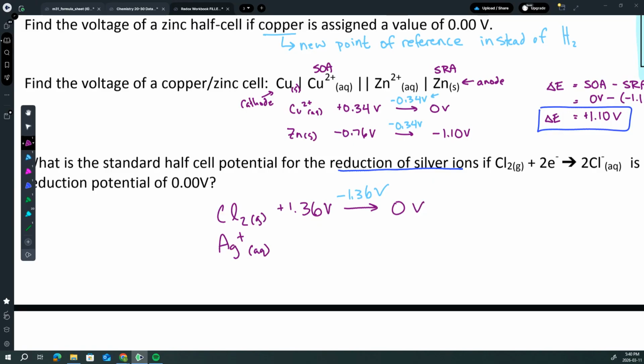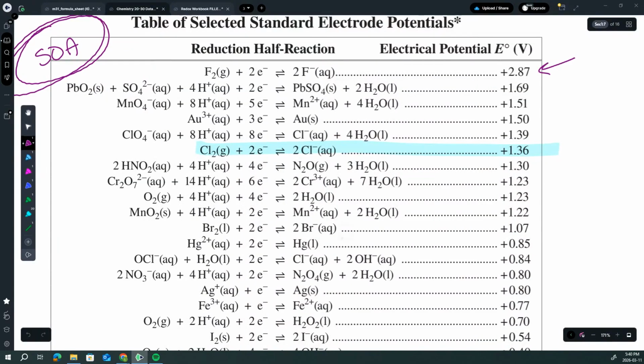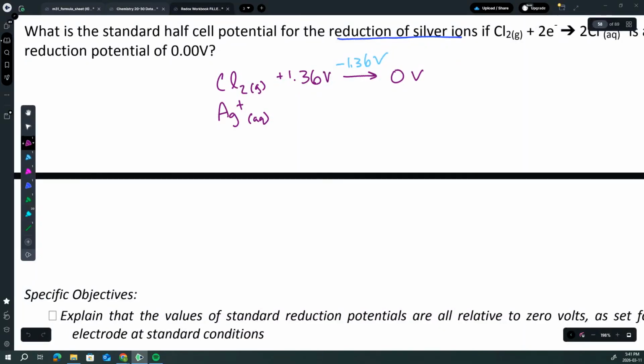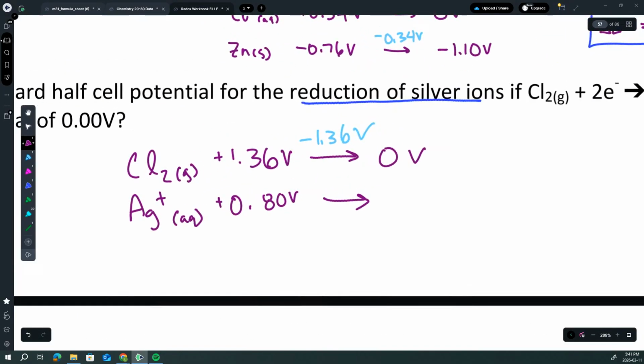let's figure out where that is. So silver ions, that's right here. With hydrogen as a reference cell, its reduction electrical potential is positive 0.8. Since the reference cell changed, we have to apply the same change that we applied initially.